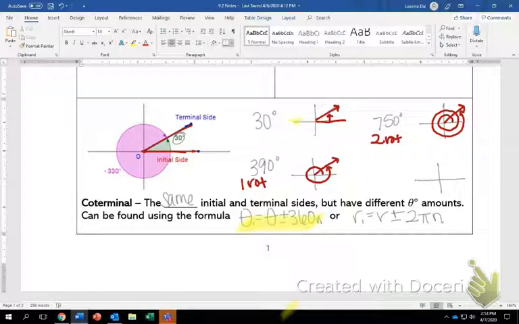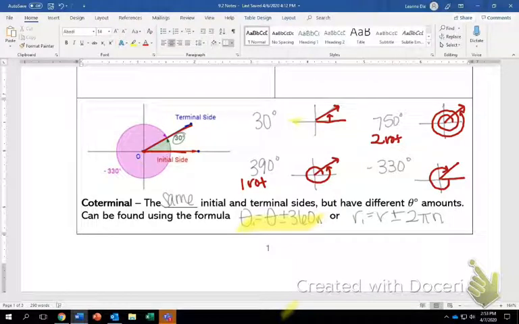So let's say I wanted to subtract 360 this time. So this is going to be 30 minus 360. We're going to end up with negative 330 degrees. This is again going to be stopping at the same location, but instead of going counterclockwise, I'm now going to go clockwise.